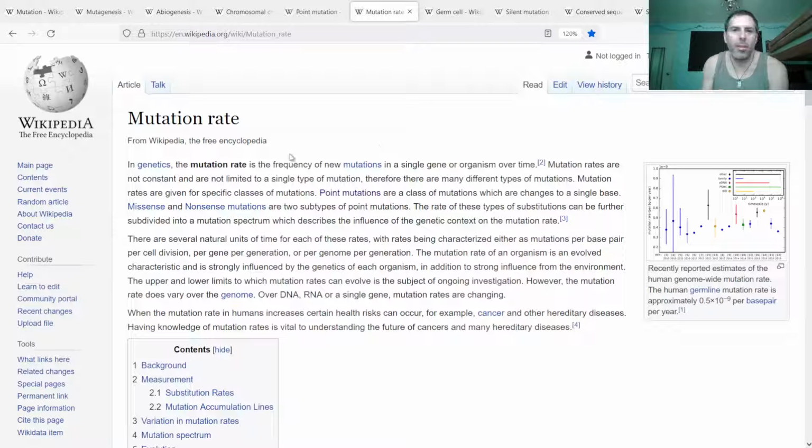Looking at just the germ cells and the heritable mutations, there are also certain rates that vary over the genome. Different parts of each chromosome will have different rates of mutation.